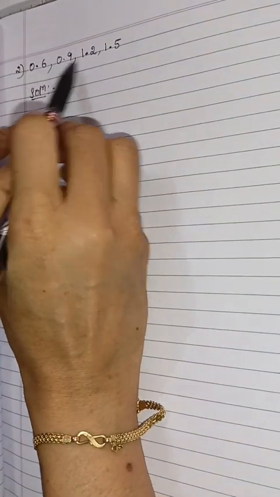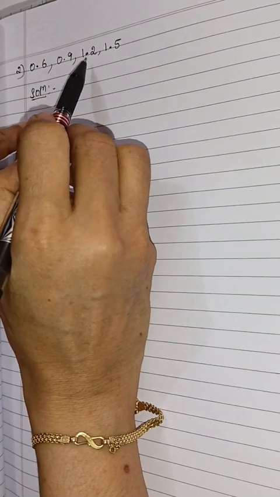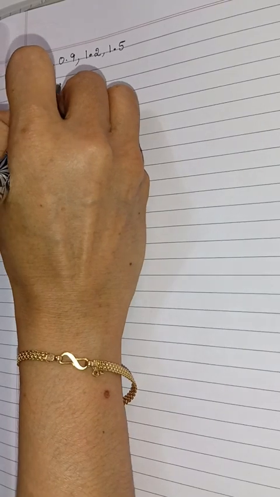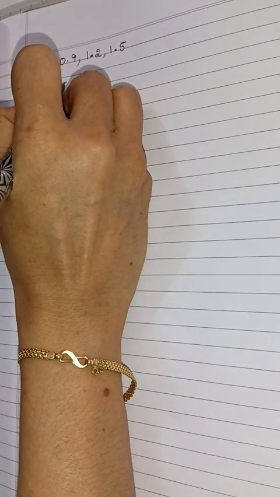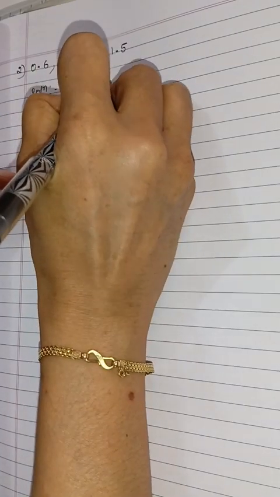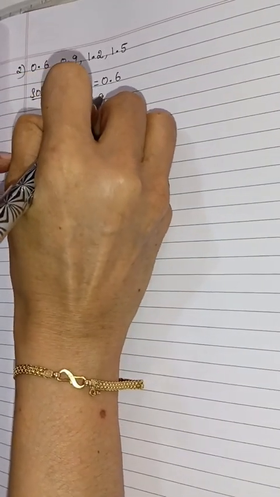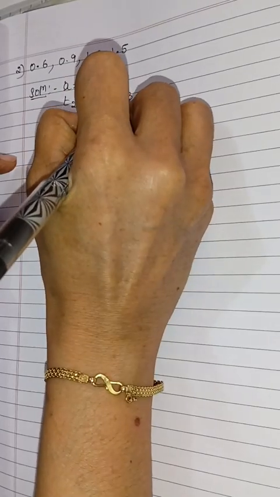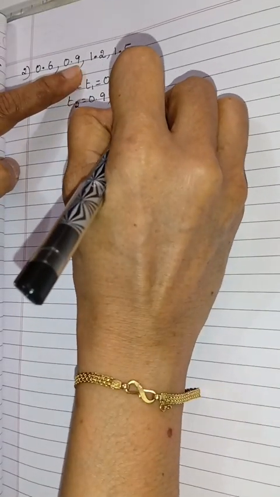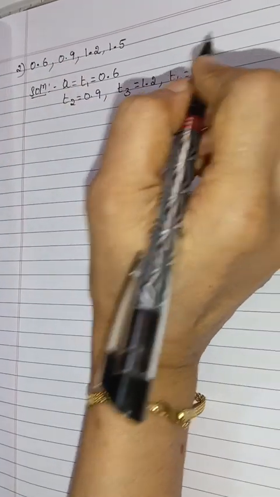The second arithmetic progression is 0.6, 0.9, 1.2 and 1.5. So the first term, that is A, that is T1, is 0.6. T2 is 0.9, T3 is 1.2 and T4 is 1.5.